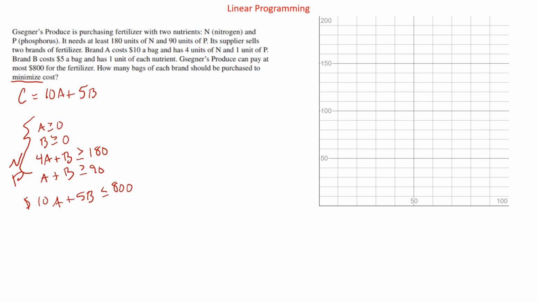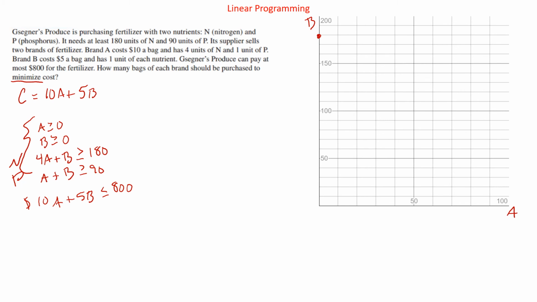We already have the positive parts, and then we'll have an A-axis and a B-axis. So the first one, 4A plus B, is greater than or equal to 180. If A equals 0, B is going to be 180.